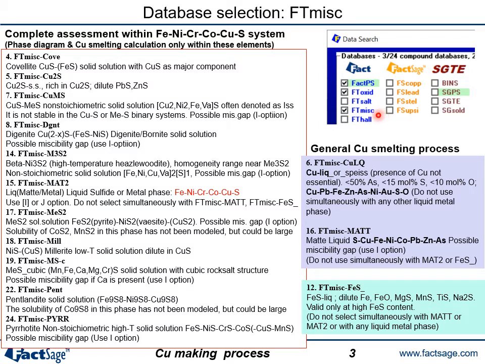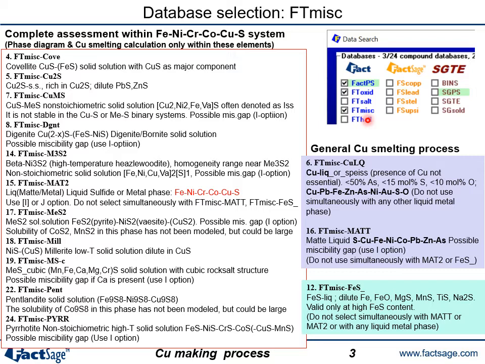database. So one of the things you have to look at very carefully is the FTmisc database, because in the FTmisc database, we even have two kinds of the matte phase prepared for you. And historically, we made the FTmisc database for the copper smelting process. And so we had a liquid matte database, and then a liquid copper database.